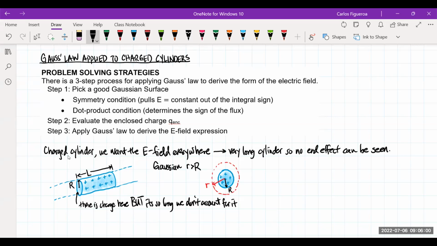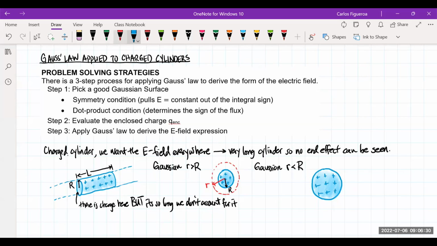Now, what happens if I have a Gaussian that's inside? Now little r is smaller than big R. So now I'm going to draw this larger. Again, here's the end view of this. And of course, again, I have a uniform charge distribution.